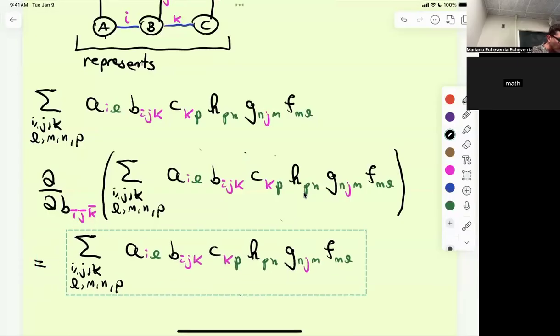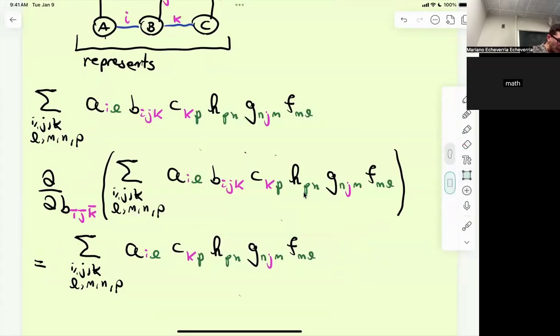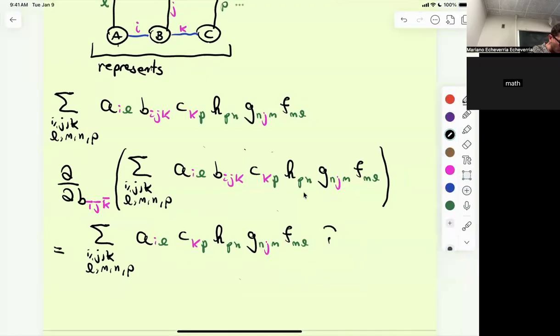Again, I want to go slowly. I took all the constants out of the partial derivative, and then you just end up with the derivative with respect to b_{i bar j bar k bar} of the entry b_{ijk}.